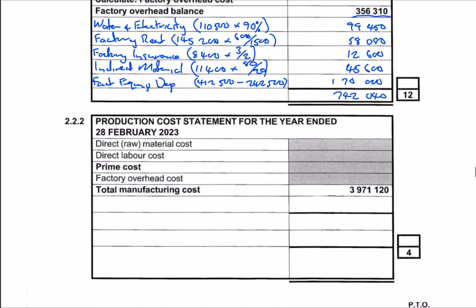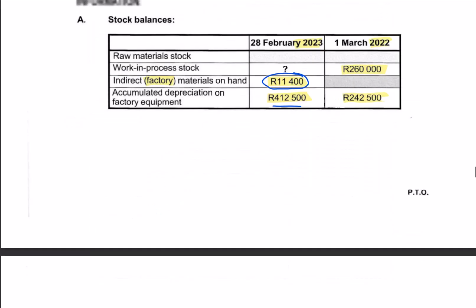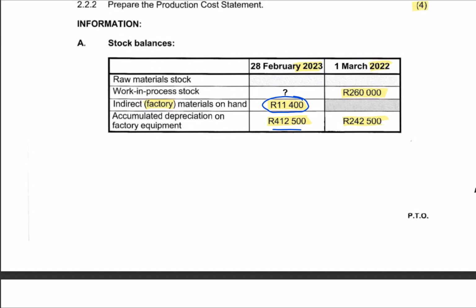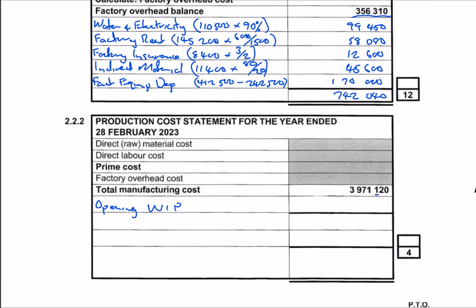And then they asked you to prepare the production cost statement. So this you already given. Right, so after the total manufacturing cost, the next thing that we have here is opening work in process. Right, we were given the opening work in process as 260,000, or work in progress if you want.